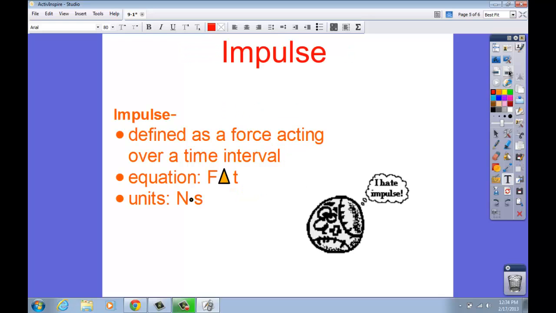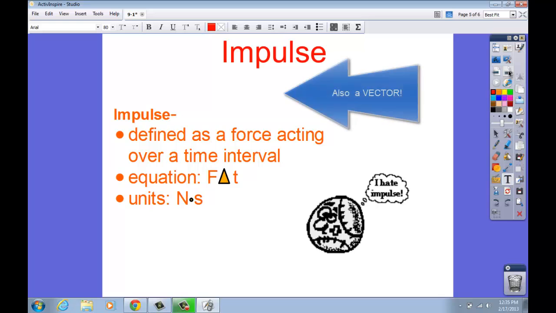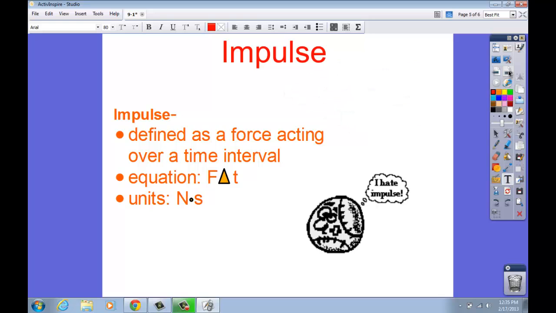An impulse is defined by its equation. It is the force acting over a time interval. So the equation is F delta t. Delta t means the change in time, and typically we just write that as Ft. You'll see it on the Physics Classroom as F times t, because just like in the motion equations, we realize that the t stands for a time interval, the final time minus the initial time.